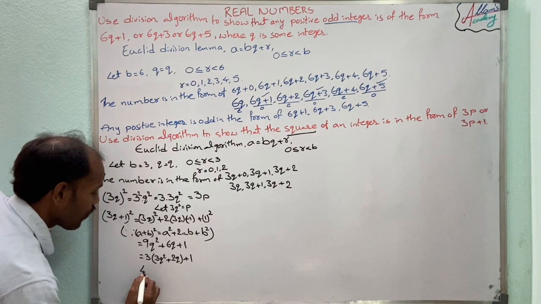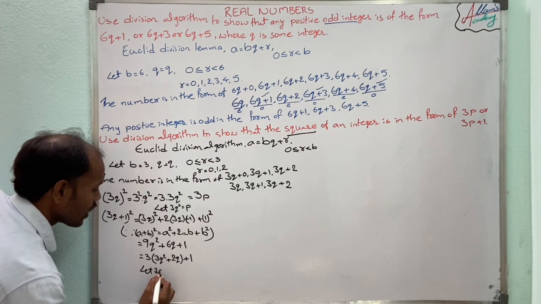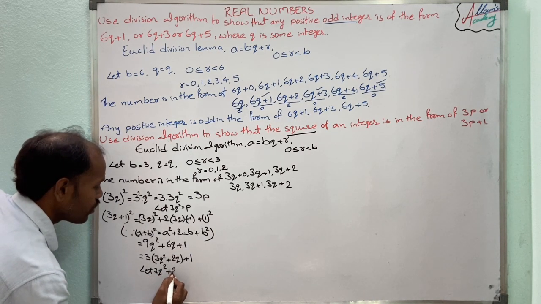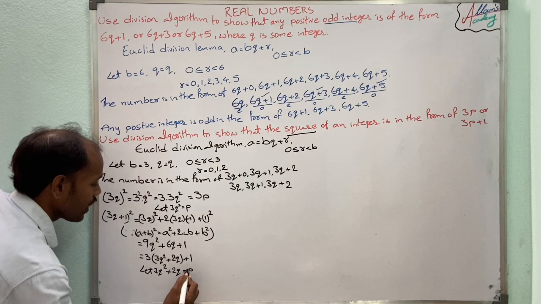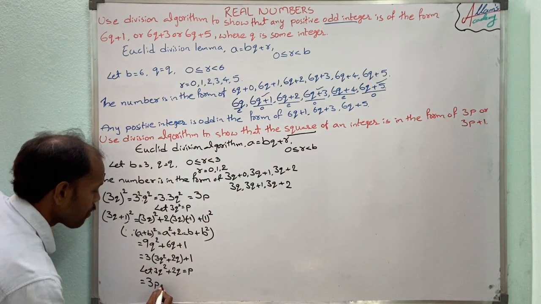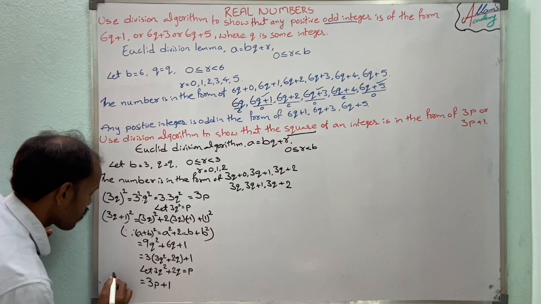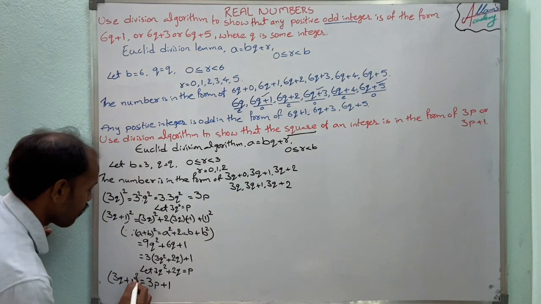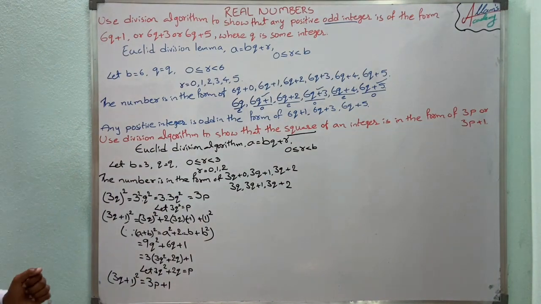Now we fill 3q square plus 2q is equal to p. Now this will be written as 3p plus 1. So (3q plus 1) whole square is written in the form of 3p plus 1.